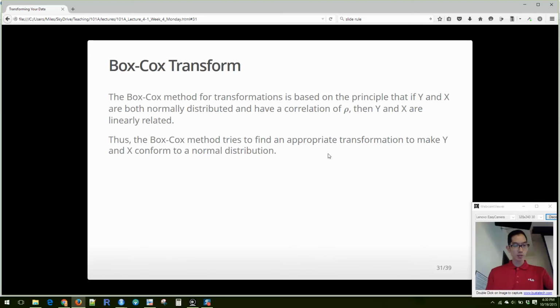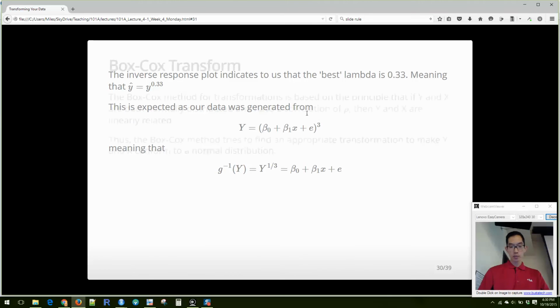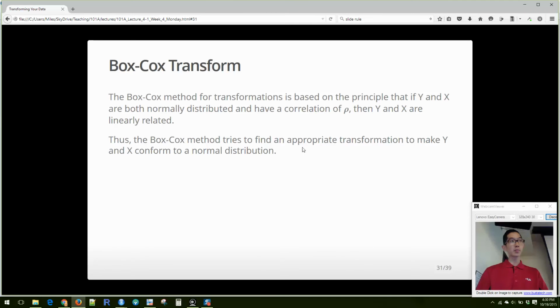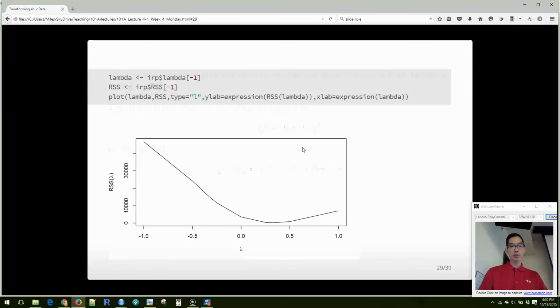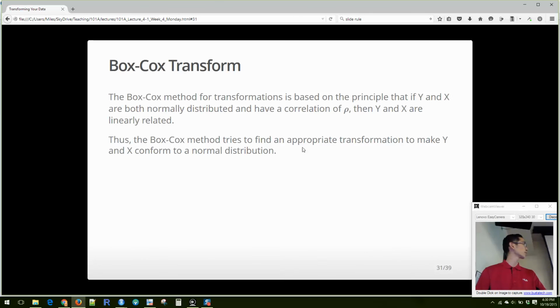Box-Cox and power transforms are pretty much the same thing, except here we're going to use maximum likelihood estimates to figure out the best lambda, okay? So over here we were minimizing our residual sum of squares. Here we're trying to fit the maximum likelihood estimates, okay?